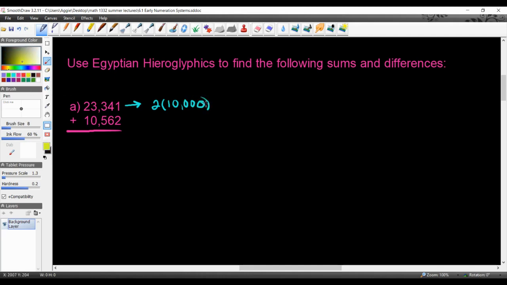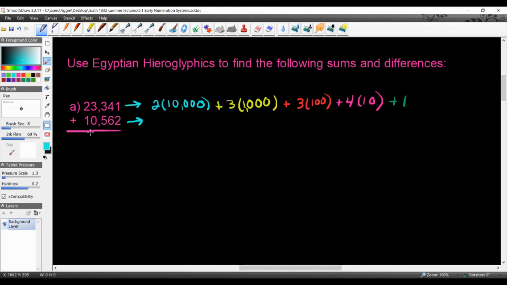Plus 3 of the thousands, plus 3 of the hundreds, plus 4 tens, plus 1. I'm just rewriting things right now, so we're going to make it easier. By the way, for the actual hieroglyphics, go ahead and refer to your chart. I'm going to use my book as well, so I don't have to be going back and forth and moving the screen all over the place.